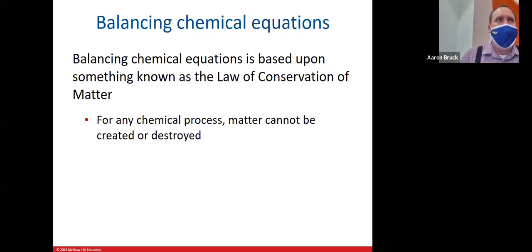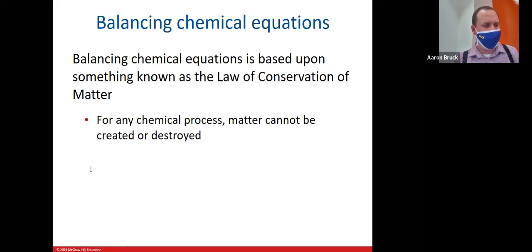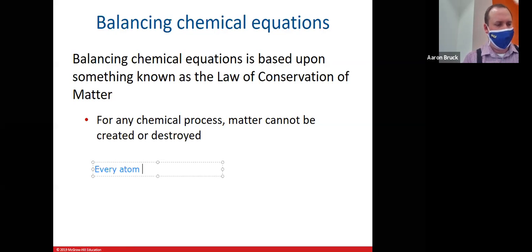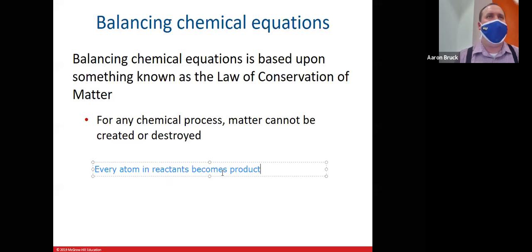Every atom of every reactant present at the beginning of the chemical reaction is also present at the end of the chemical reaction as well. Every atom in the reactants becomes part of the products.